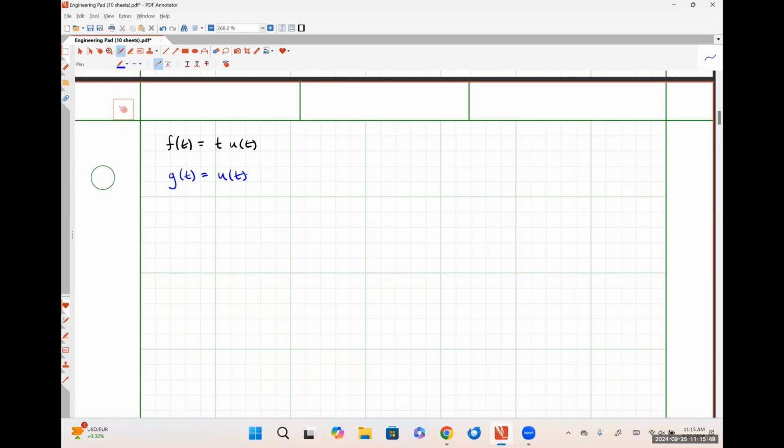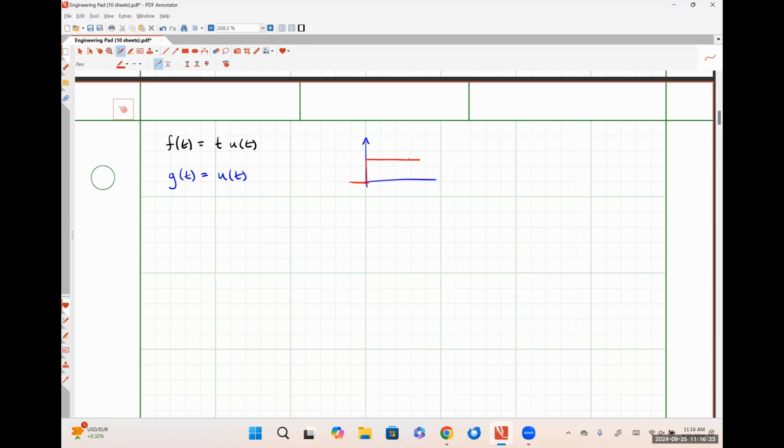If I were to plot a unit step function, it would look something like this, right? So it's 0 until it turns on, and then it's got a constant value of 1. As I integrate this with respect to time, I'm just integrating dt, which is just going to look like t. And because it turns on at 0, I tack on my unit step function to make sure it doesn't exist before t is equal to 0.